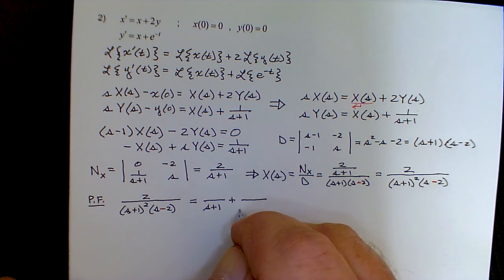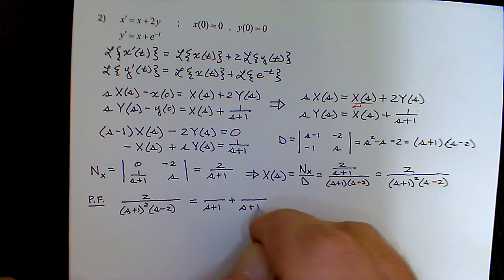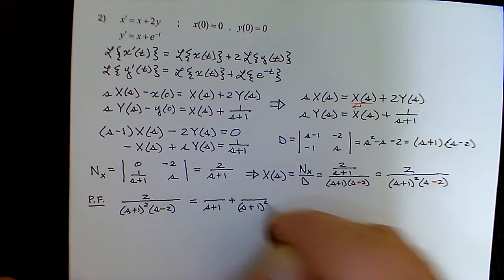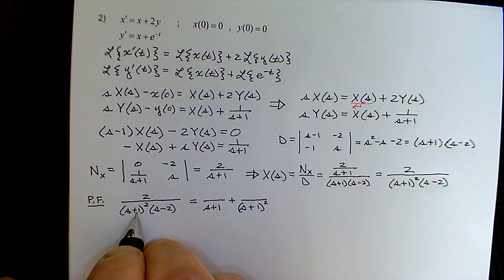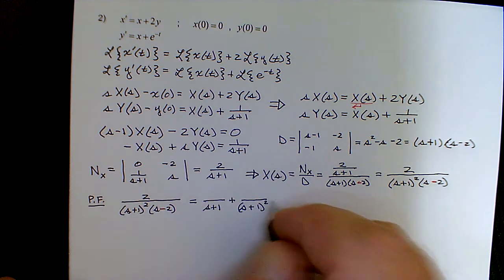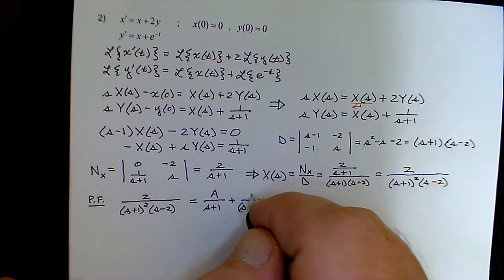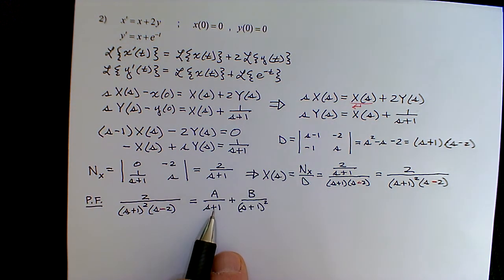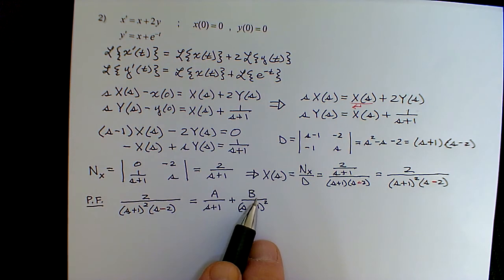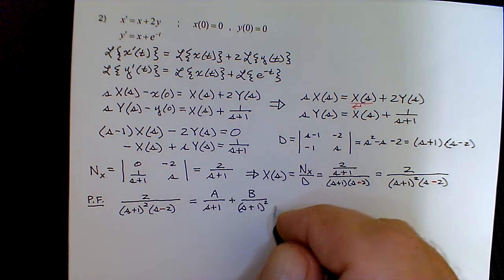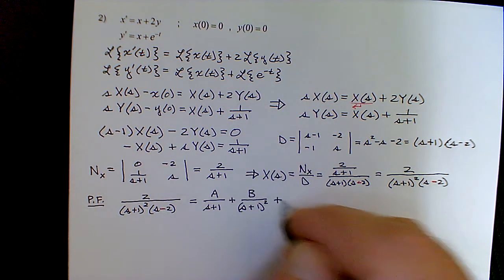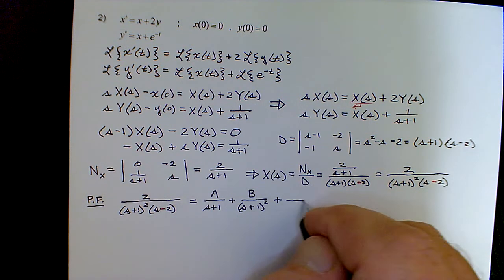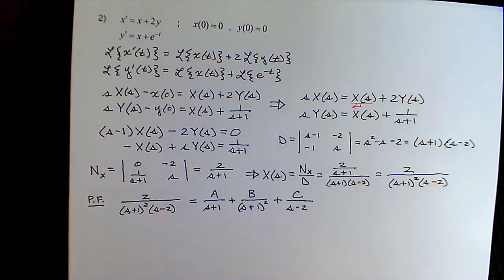And in the second fraction, that factor to the second power, and then we could stop because there's only 2 powers. And what goes above each of those is whatever makes the unique factor proper, and since the unique factor was linear, just constant terms. So that was a special situation, hopefully, that you recall about partial fractions. And then we have the s minus 2, and that's linear, so just a constant above that.